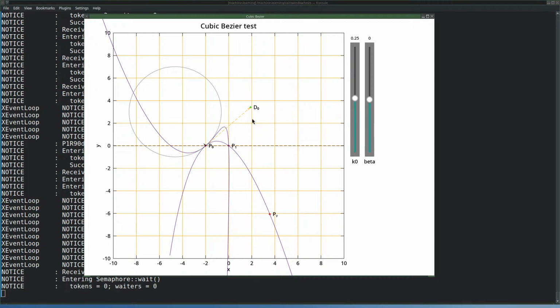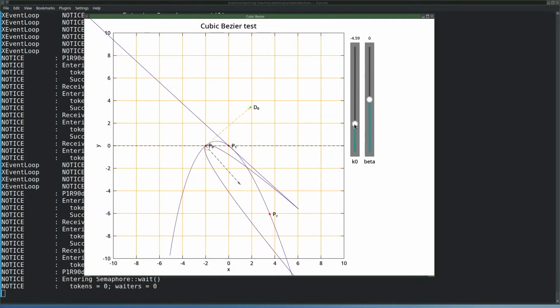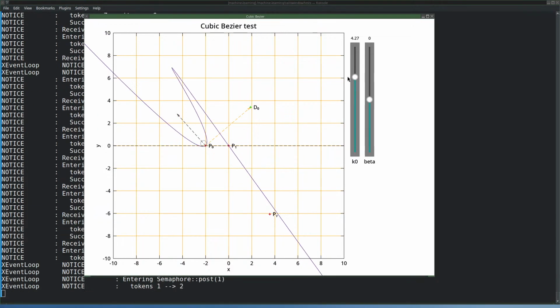Well, it's fast enough, this code. The useless curvature.